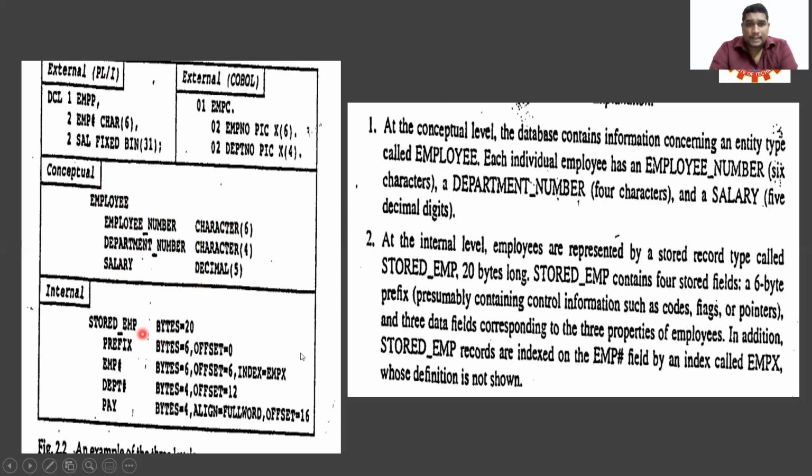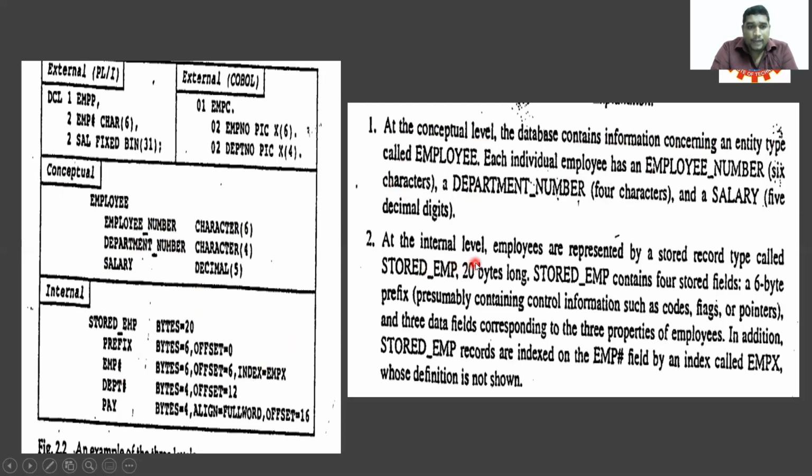Next, at the conceptual level, the database contains information concerning an entity type called employee. Each individual employee has an employee number, department number and salary. Now we are moving to the internal level.